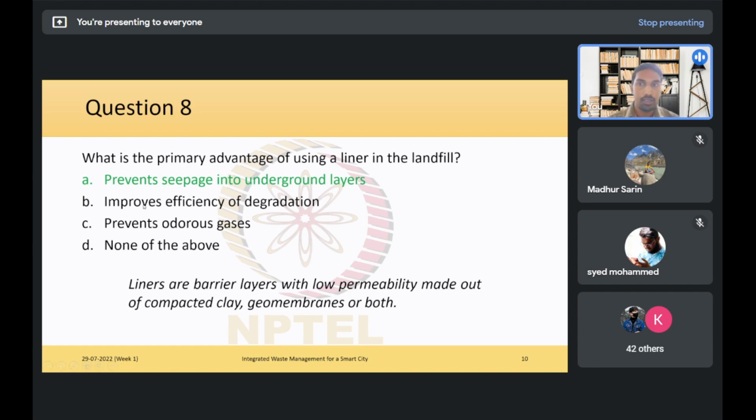The other two are not the functions of using a liner, right? It's not going to help in degradation, or prevent the gases or the odorous gas from forming. Its primary purpose is to prevent the seepage of the leachate into the underground layer.